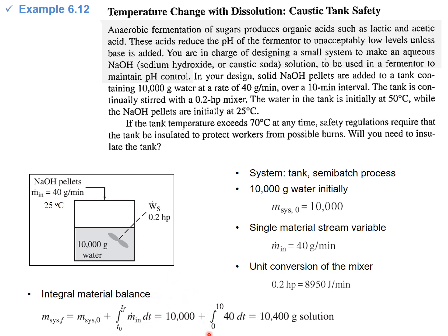And then for 10-minute mixing, you will integrate the mass flow rate for input with respect to time from 0 minutes to 10 minutes. So this initial value was given and the stream variable is given with some time. Then you have 10,400 gram of solution obtained after 10-minute mixing.